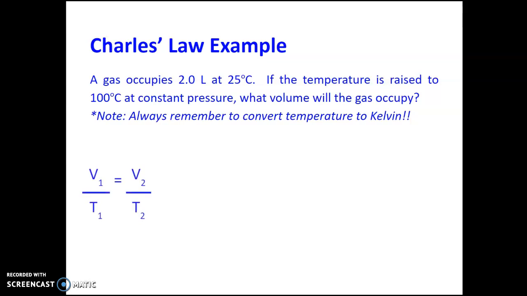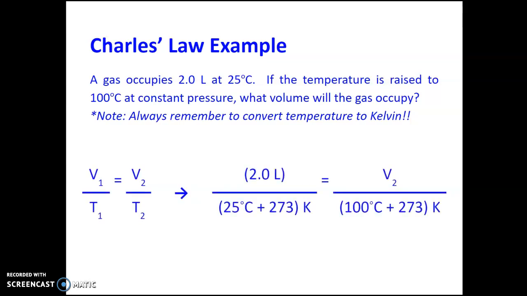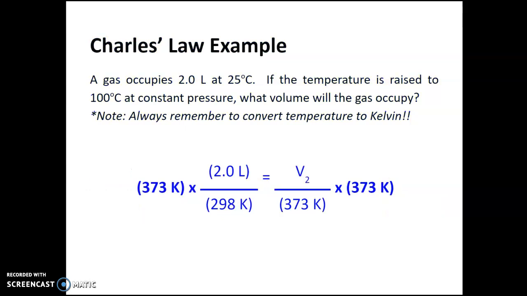Okay, so Charles' law. We're going to plug in our numbers, and that puts us at 2 liters divided by 25 Celsius plus 273. That's going to get us to Kelvin. And then on the right side, we have the second volume and 100 degrees plus 273 to bring that into Kelvin.